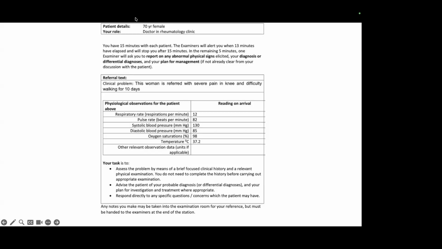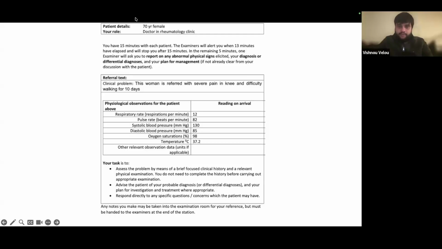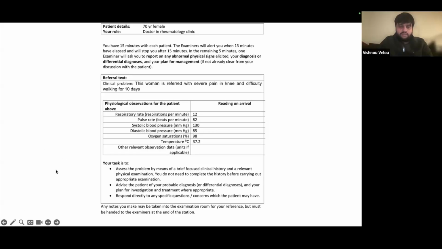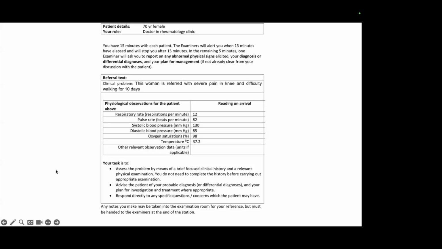If that's okay, I'm going to turn back into examiner mode and ask you, what are your major differentials? Okay. I'm going to examine mainly the joint itself, the right knee joint, to look at the swelling, tenderness, and at the same time be careful not to induce any pain.